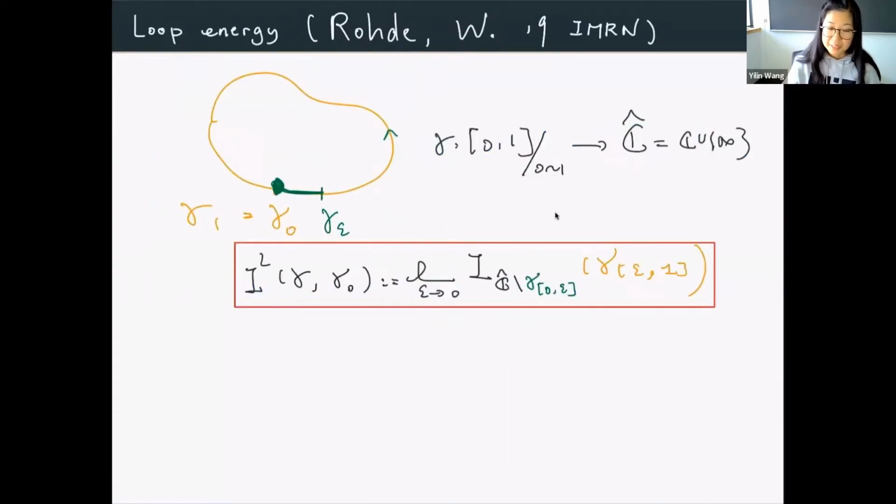All right, finally, let me come to the loop energy. Now, if I have a Jordan curve, say it's oriented in this direction, and I take a point on it and call it the root of my Jordan curve, I define the loop energy rooted at gamma naught to be this limit.